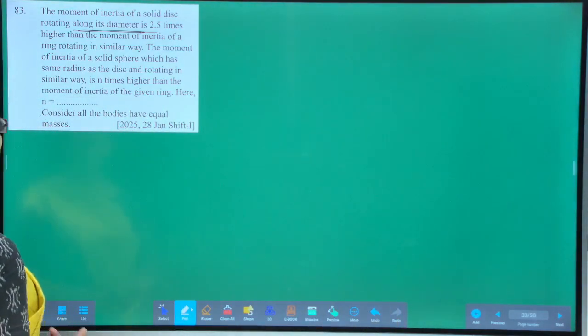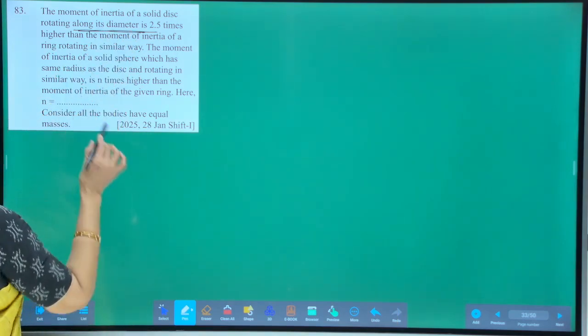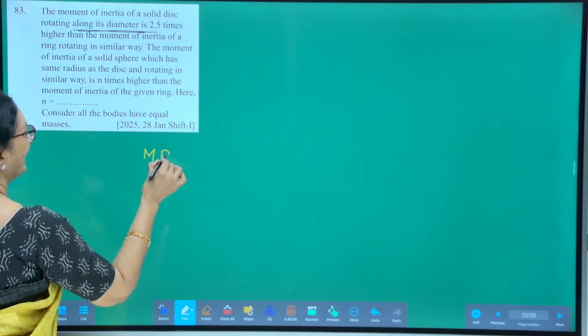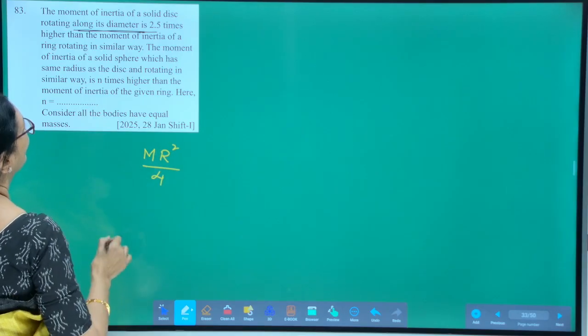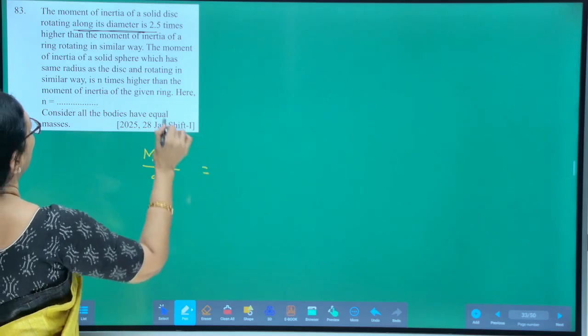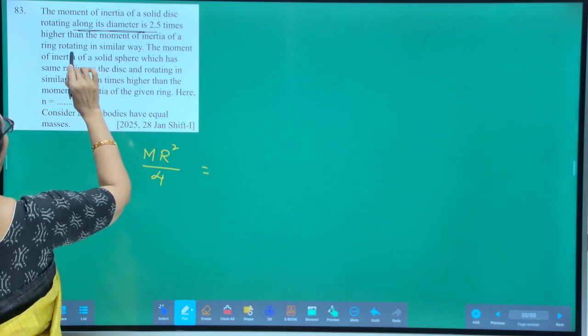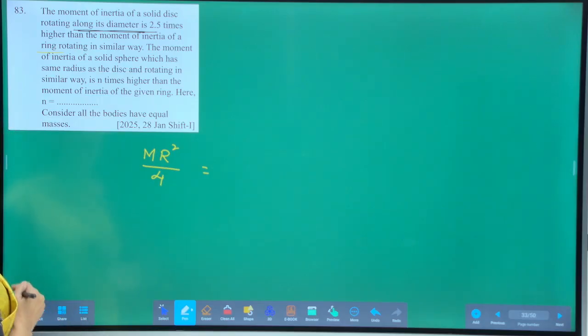The moment of inertia of a solid disc rotating about its diameter is mr square by 4. It is equal to 2.5 times the moment of inertia of a ring rotating in a similar way.